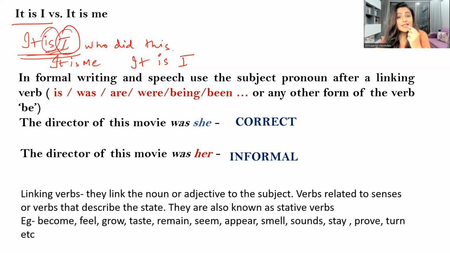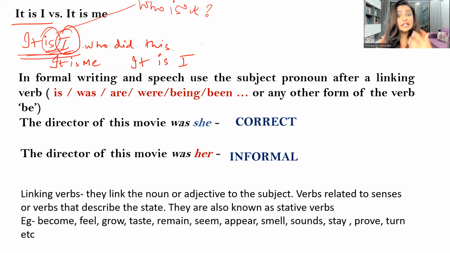Always question the verb. Who is it? So I'm questioning the verb. What is the answer that I get? I get "it is I" or "it is me." I. Why? Because I becomes the subject.